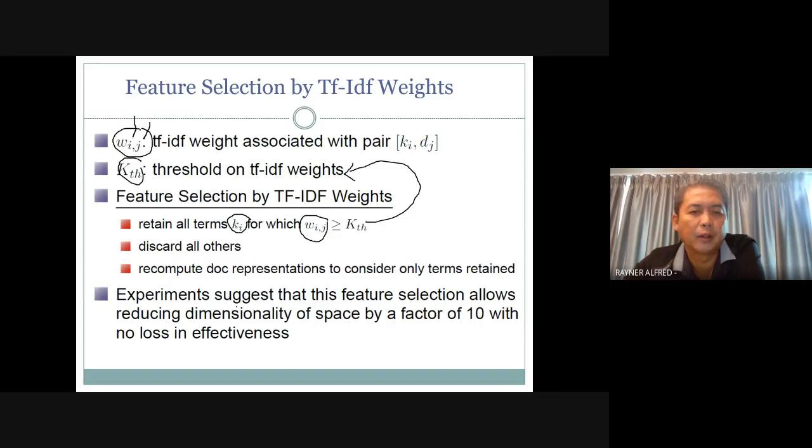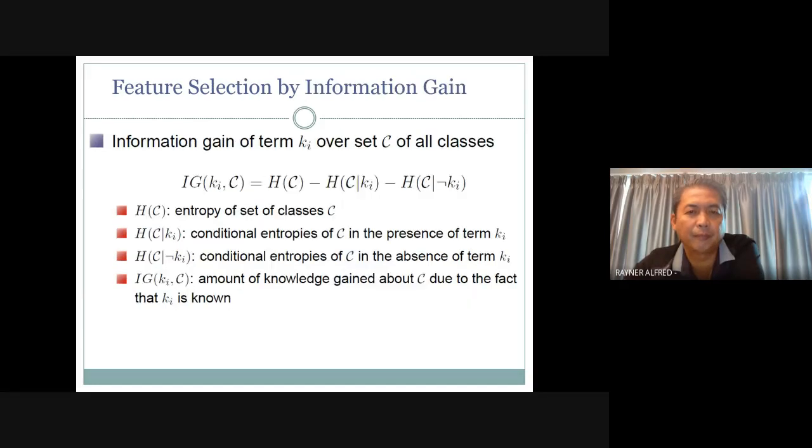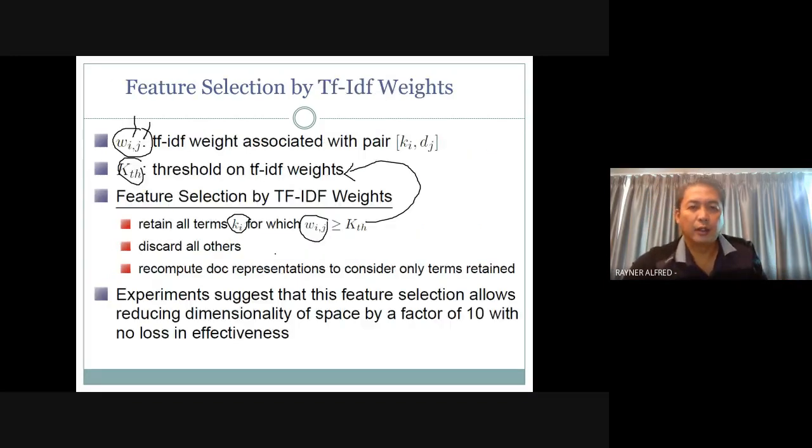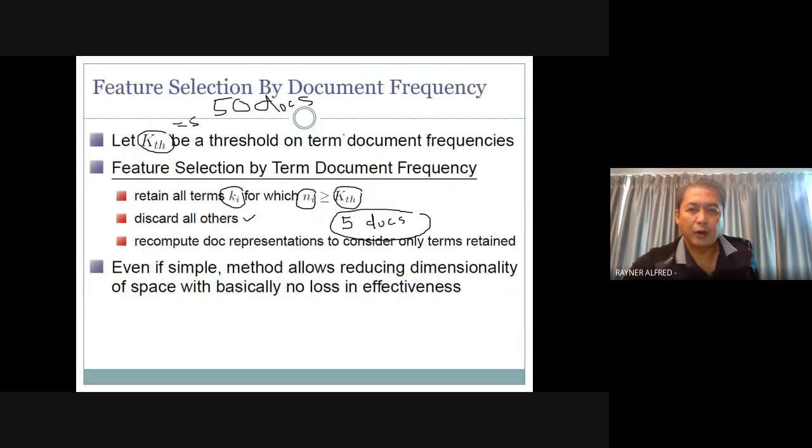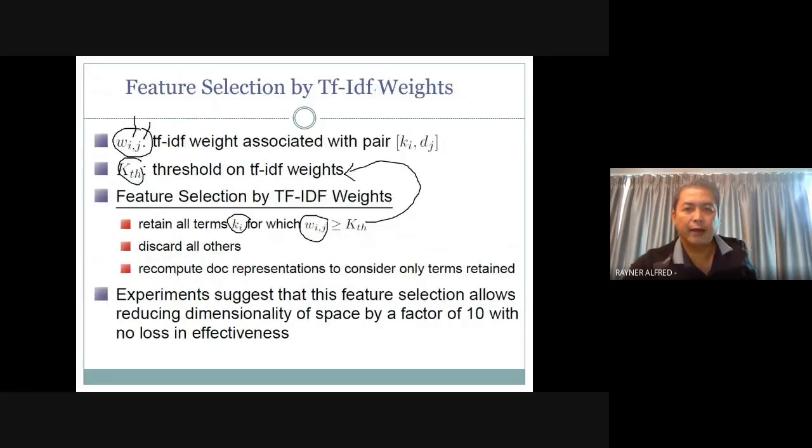By this we are reducing the number of features that we have. So this one is based on the frequency of the document, and this is based on the TF-IDF.